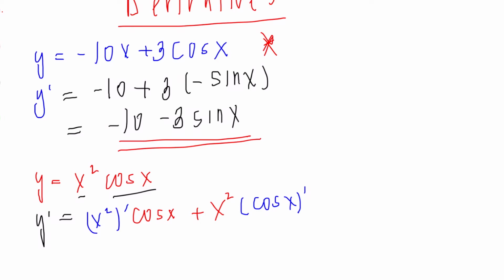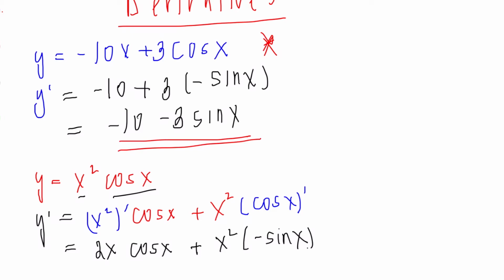Okay, now we can find our y prime. The derivative of x squared is just 2x, and then we multiply it with cos x, and then I'm going to add x squared, just pick it, times the derivative of cos x, which is minus sin x. So it turns out to be a simple thing.